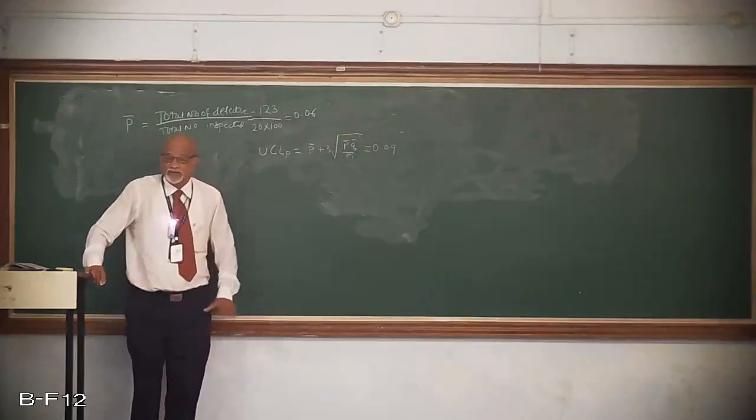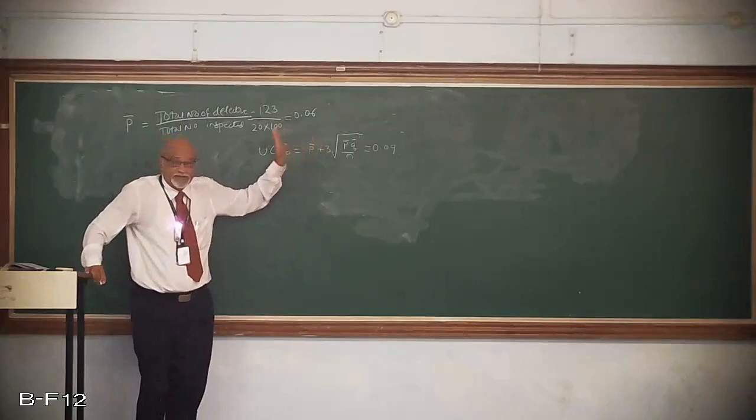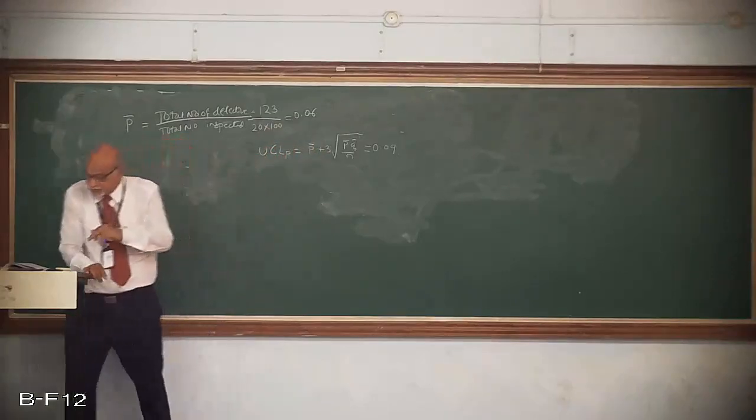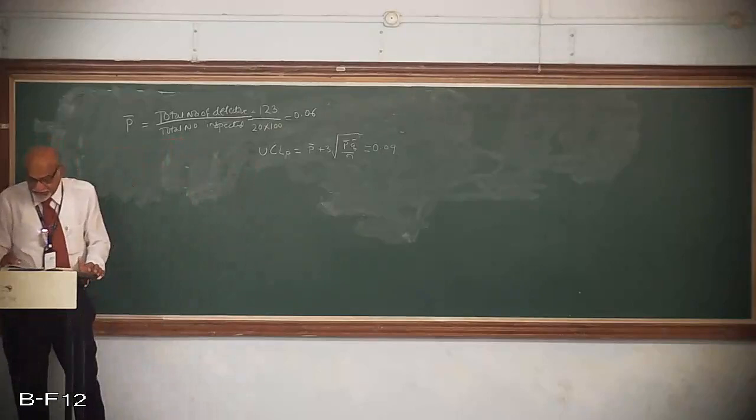Now what is going to happen? P bar is fixed. P bar is 0.06, hence Q bar is 0.94. What he is asking: the product will not be permitted more than 3 times in 1,000.